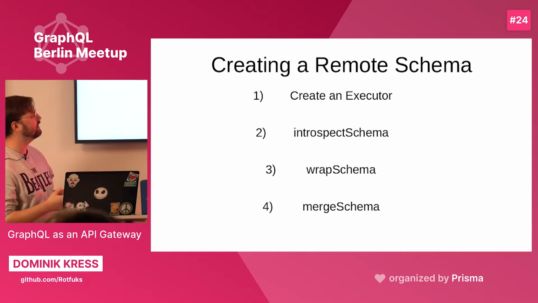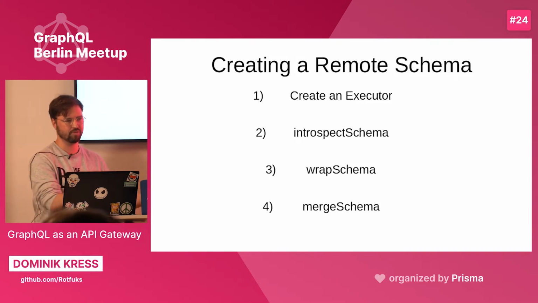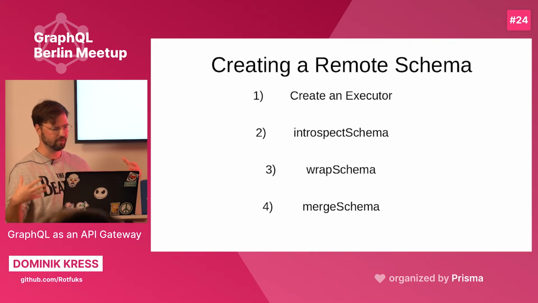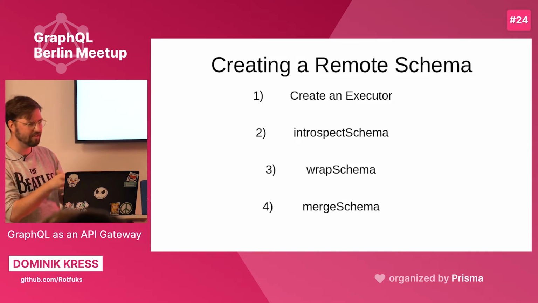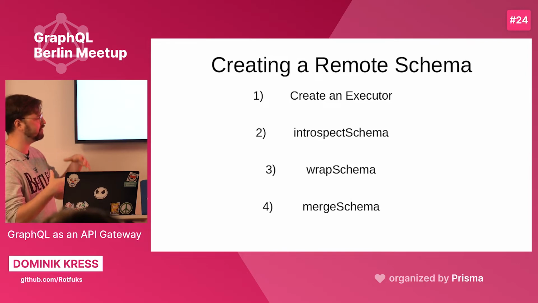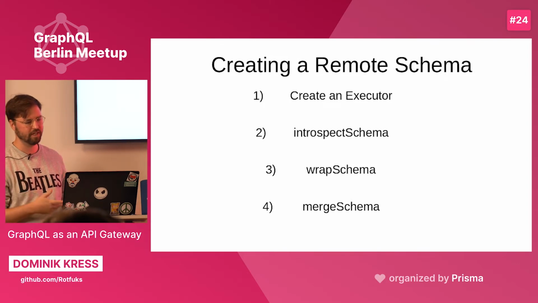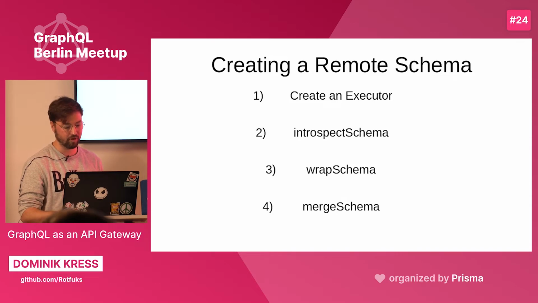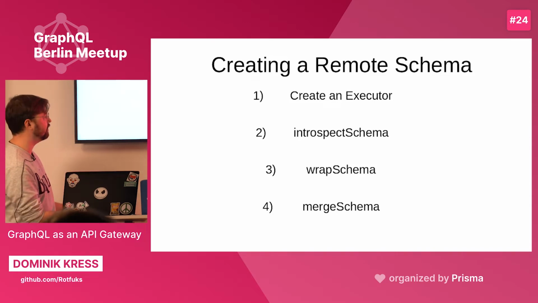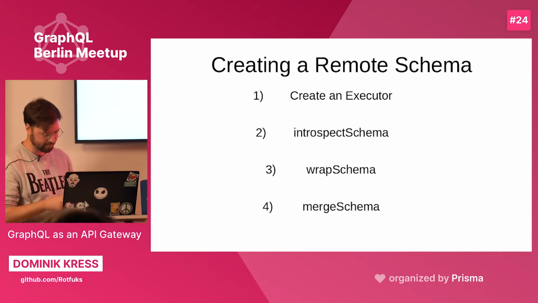So then you have an introspected executable schema that you could use for calls. With wrap schema, you get it together as a combined schema, and with merge you can merge it with other schemas that are wrapped with those functions before. So executed and wrapped schemas can be merged together.